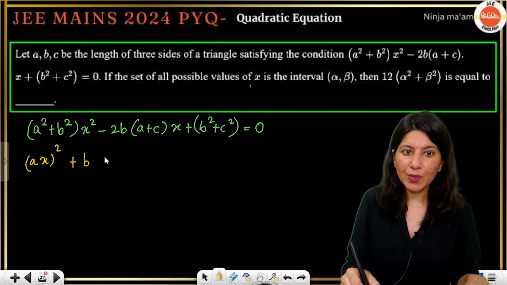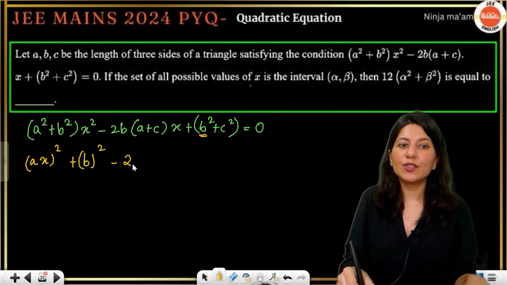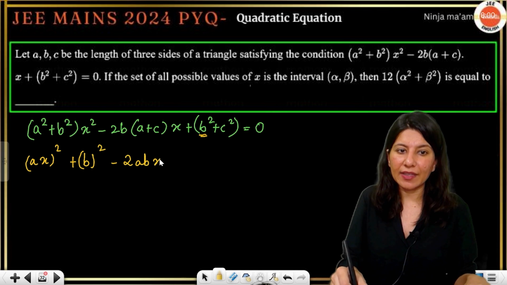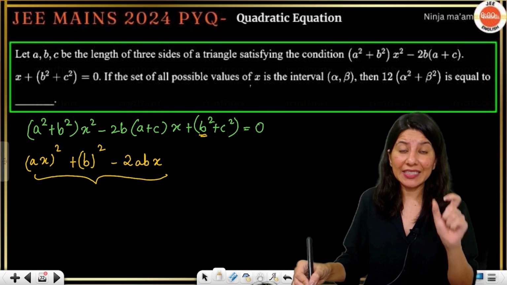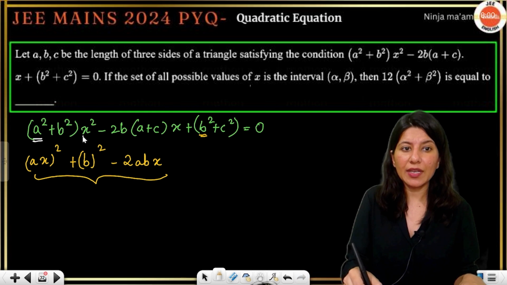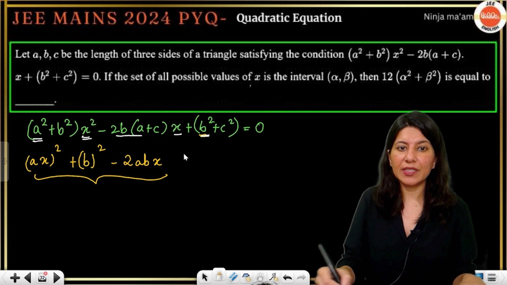So ax whole square, then b whole square, now minus 2abx. So what we have picked, we are clubbing the important terms together: a square x square, then minus 2bax, then only b square.